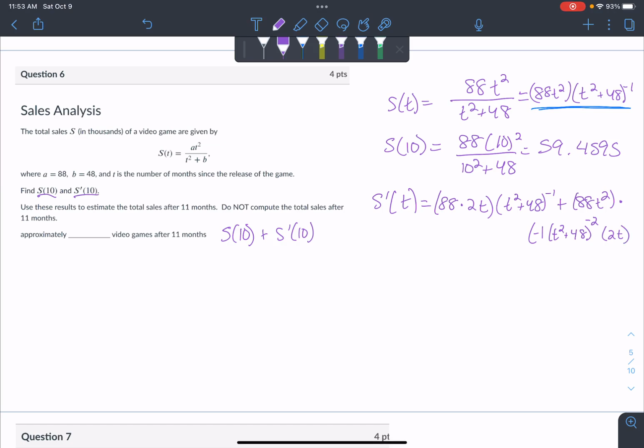All right, so I'm going to do a little simplification, but again, you don't have to. This will be 176t over t squared plus 48 plus, what does that become? So 176t cubed, right?